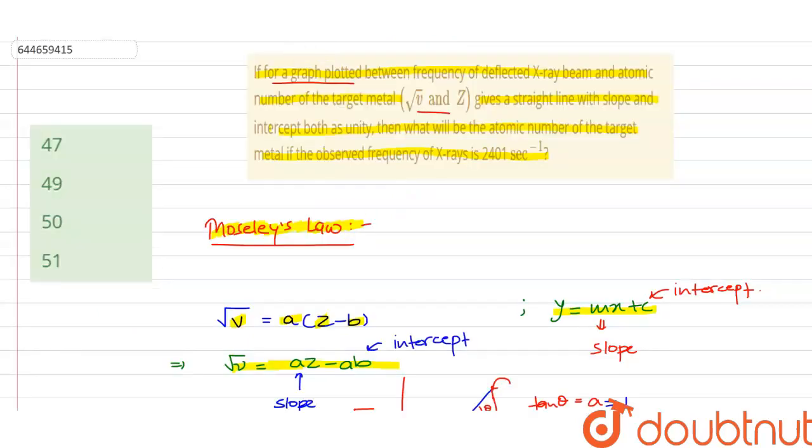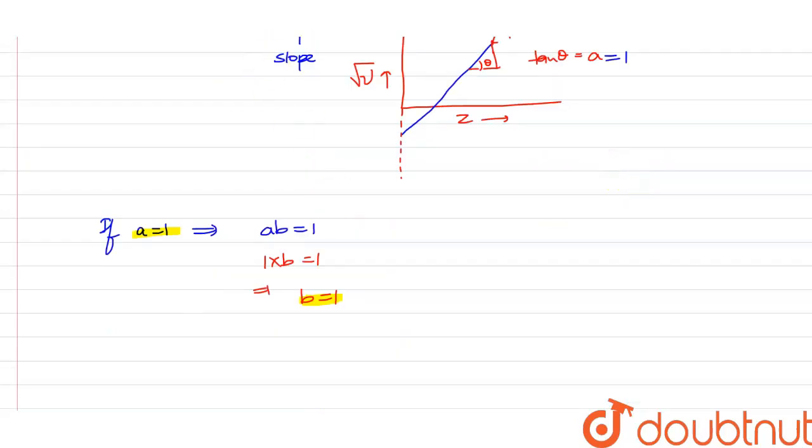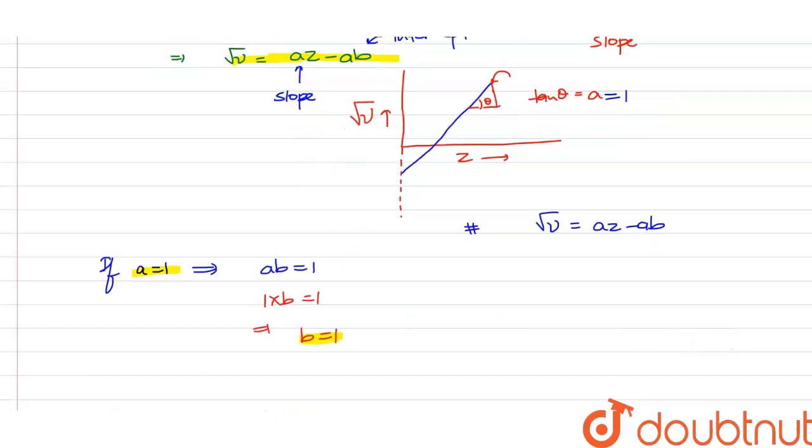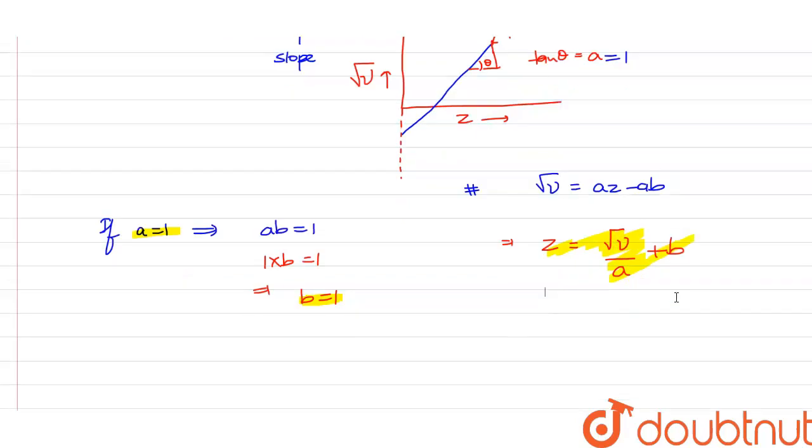Now in this question the observed frequency is given, that is nu equals 2401 per second. So from here we can easily find the atomic number because we have been given the relationship: root nu equals aZ minus ab. Making Z the subject, Z equals root nu divided by a, plus b.